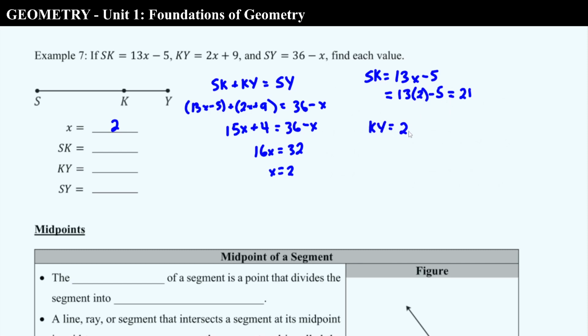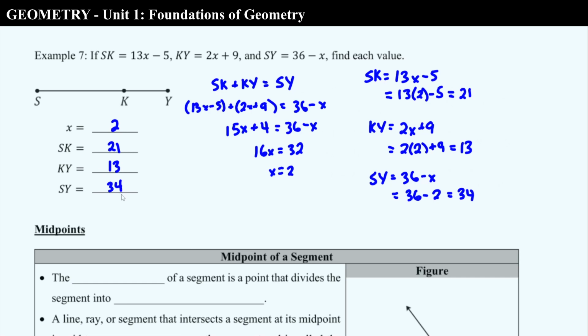KY is 2x plus 9. 2 times 2 is 4, plus 9 gives us 13. And then finally SY, we have 36 minus x. So 36 minus 2, which is 34. Don't really need a calculator for that one. So SK is 21, KY is 13, and SY is 34.